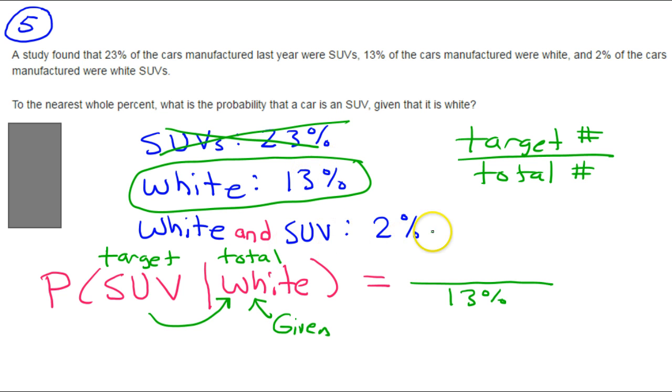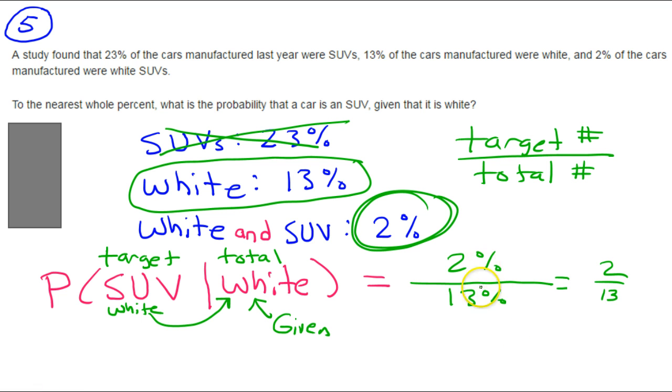We're just talking about the white ones. Okay, and that number is right here. White SUVs. That's 2%. Okay, so we just want the white SUVs, not all of them. All right, so our target is white SUVs out of a total of the white cars. So that's going to be 2% out of 13%.